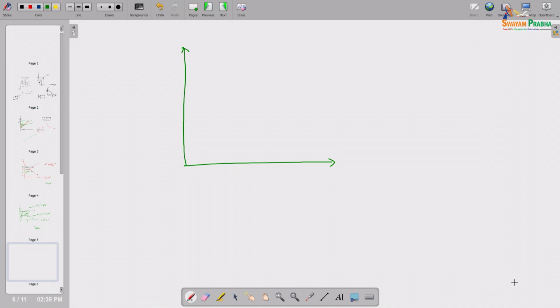Suppose we are talking about a market where, for the majority of the potential customers, this commodity, for which this is the supply curve, is a Giffen good. Suppose 100 customers are there; for 90 of them this commodity is a Giffen good and for the remaining 10 it is an ordinary good.